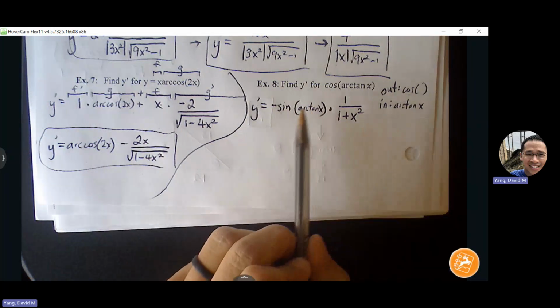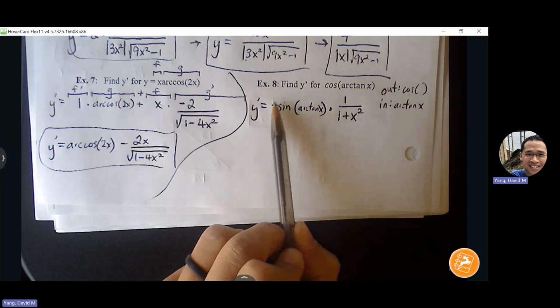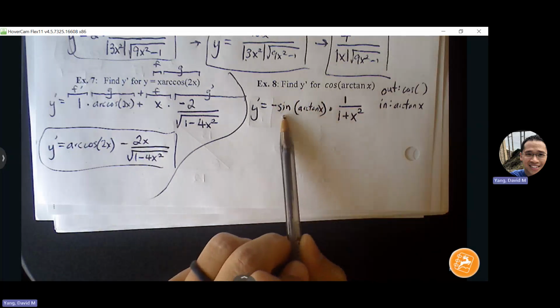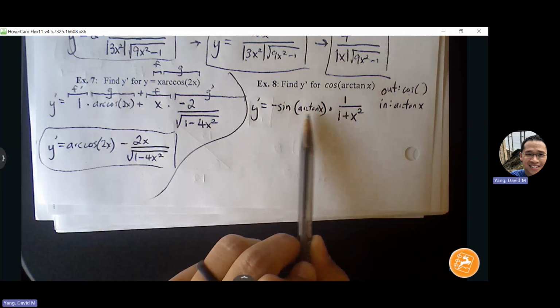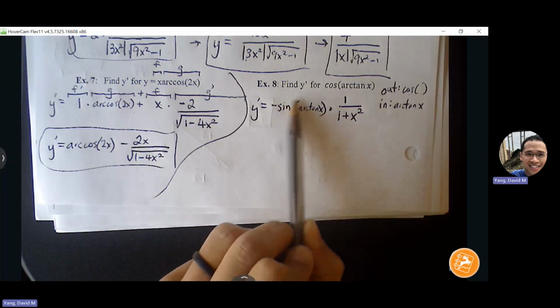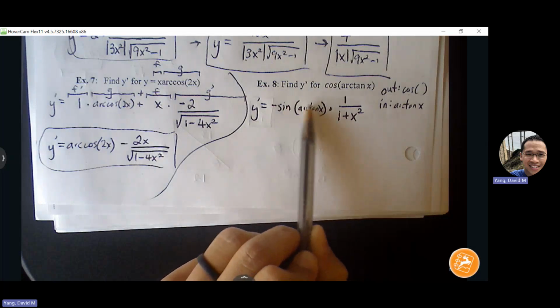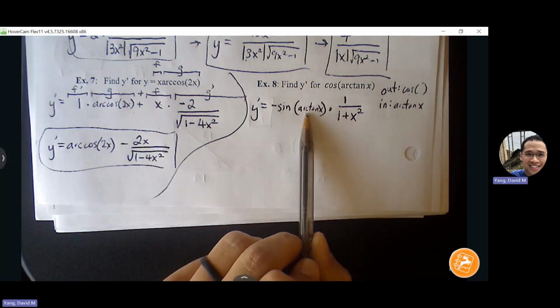Okay, now one thing that I want you to do beyond this is that you're going to get this out of this notation and into something algebraic. So we have to create our triangle here and figure out how to get this into some rational expression.